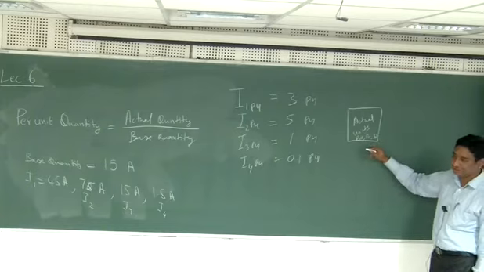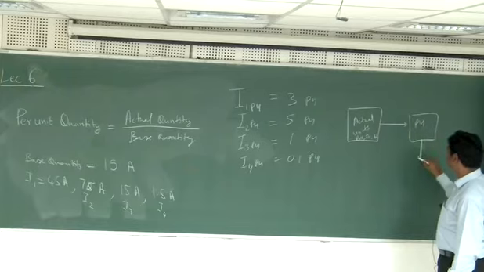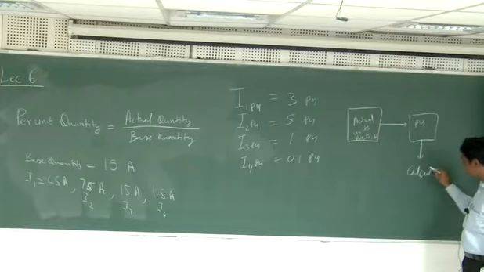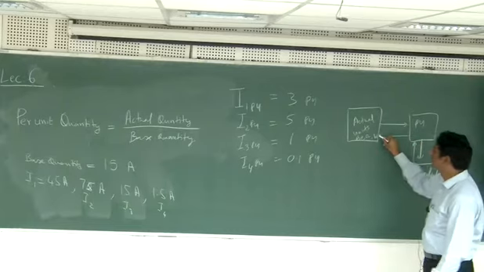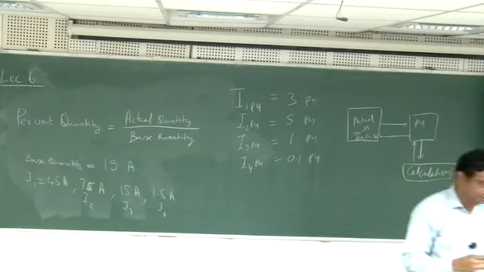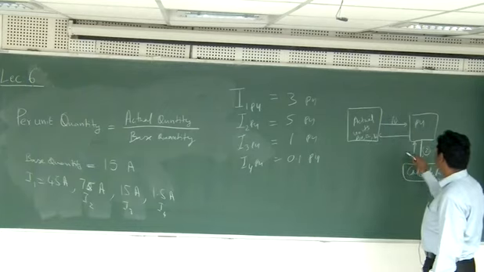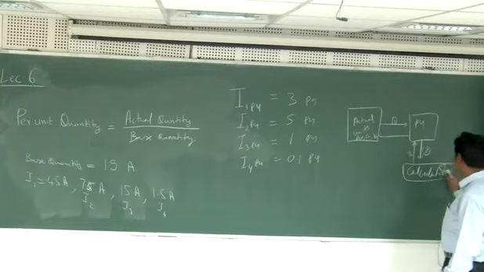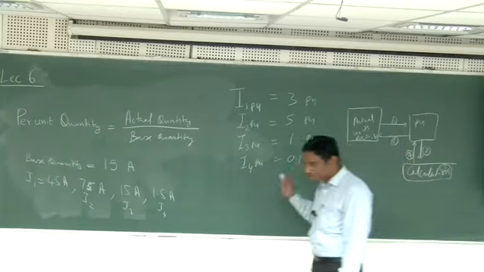You transform into per unit and then do the calculation. After your calculation is over, you get the results in per unit, then you transfer back to the actual unit. So these are the general steps: 1, 2, 3, where 3 is this calculation, then 4, and then 5.